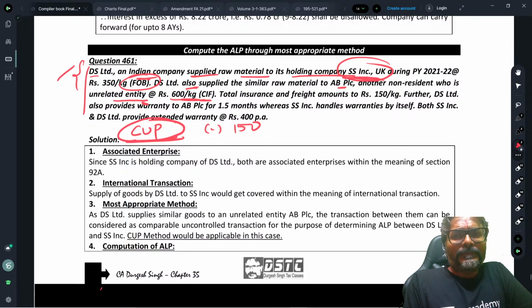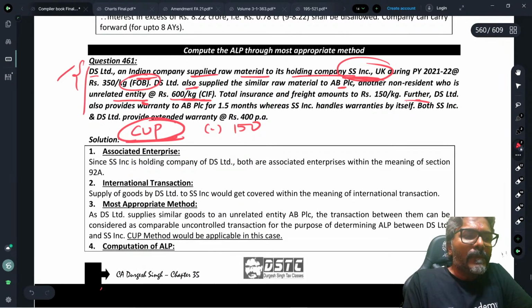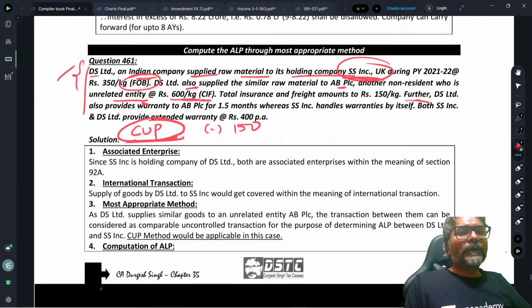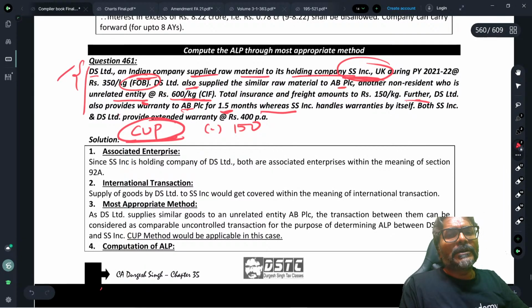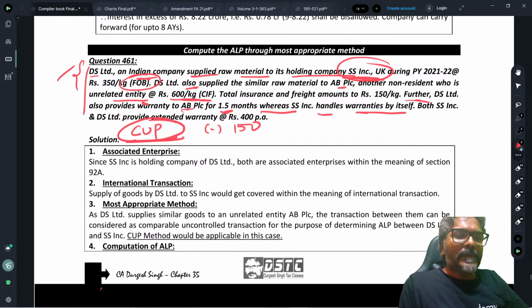After that, students, further, DS Limited also provides warranty to ABC PLC for 1.5 months, whereas SS INC dot handles warranty by itself.